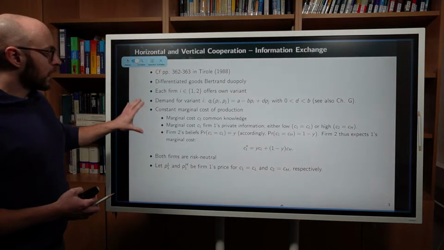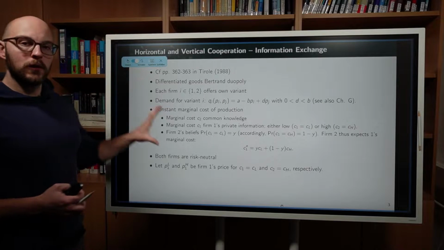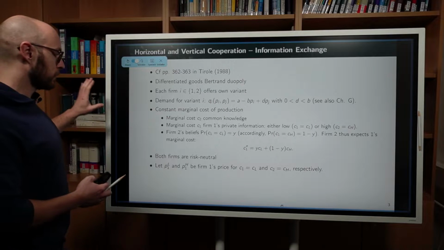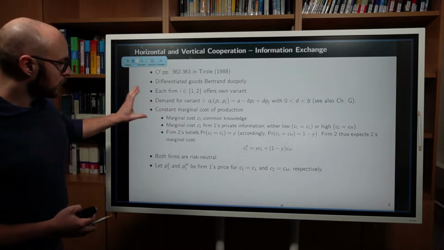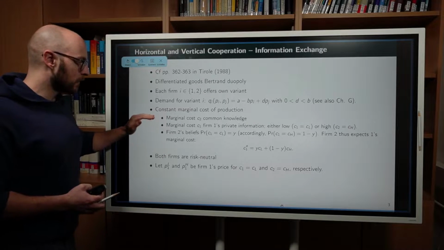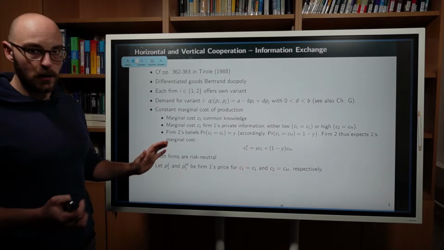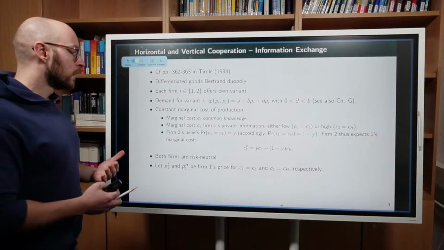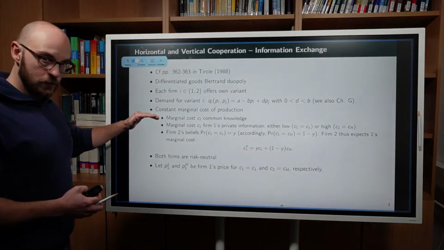The thing here is that we introduce uncertainty about marginal cost. So what we have is the two firms are asymmetric in their marginal costs. One firm has marginal cost C2, and this is common knowledge, right? So common knowledge means firm 1 and firm 2 know this value.